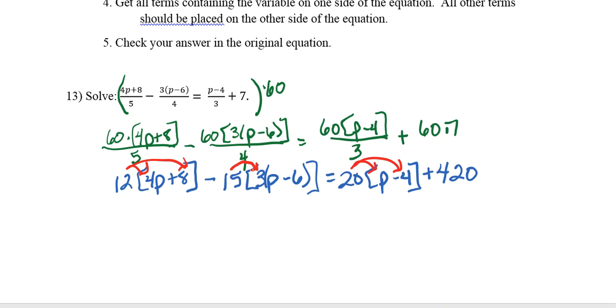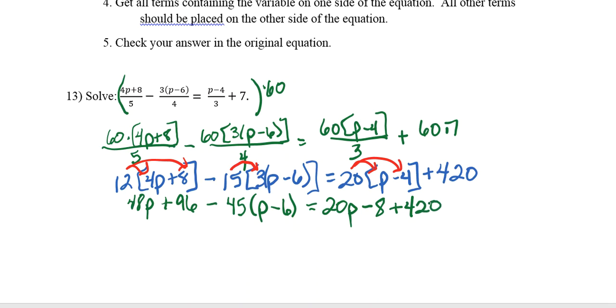So I'm just going to distribute the first one. 12 times 4 is 48p, plus 12 times 8 is 96, minus, I'm going to do 15 times 3 and get 45, but I'm not doing it with the p minus 6 quite yet. I don't want to make a mistake. 20 times p is 20p. 20 times 4 is minus 80, plus the 420.